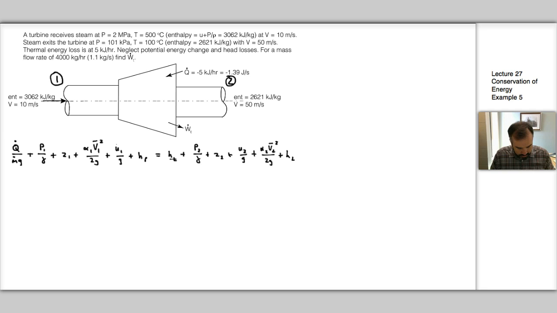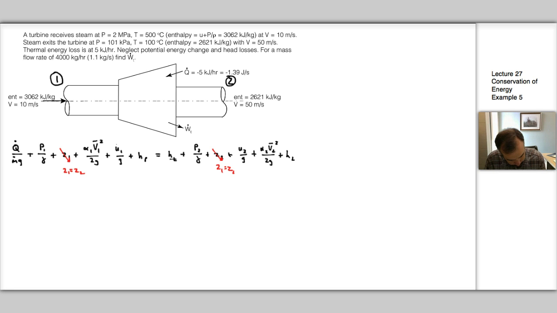Okay? And just like all of the other problems we've done, the first thing we want to do is try to get rid of some terms. So we know Q dot, so we need to keep the first term. We know the pressure, we need to keep the second term. We're told that we can neglect potential energy, but the way it's drawn, they're the same, so we can say Z1 is equal to Z2. Alpha 1 V1 squared over 2G, we're given V1, so that's going to be important, but we're not given any information about alpha.